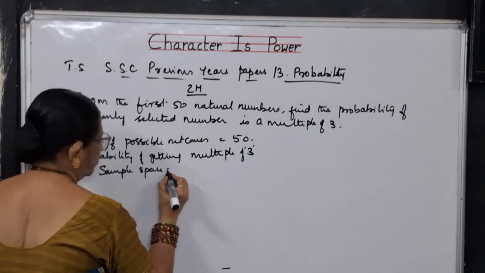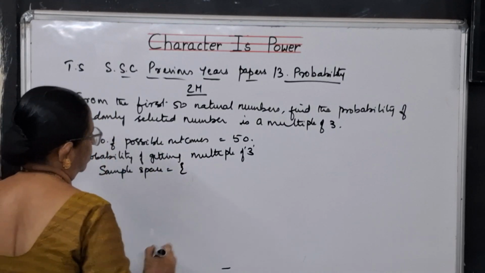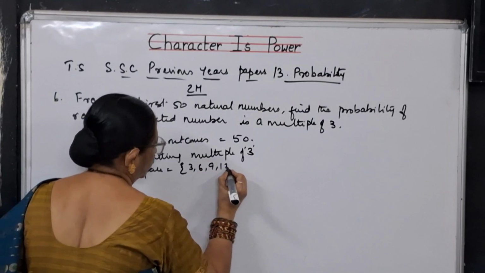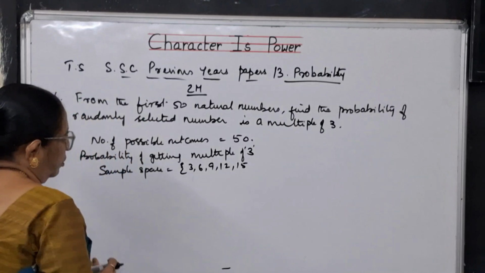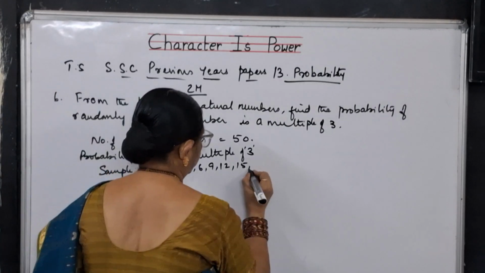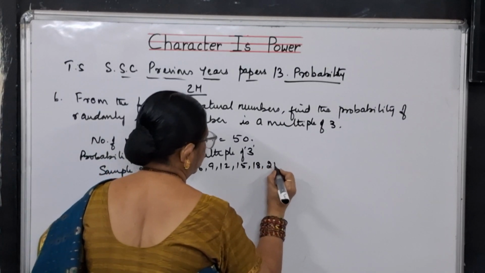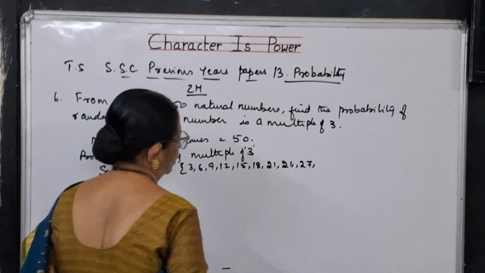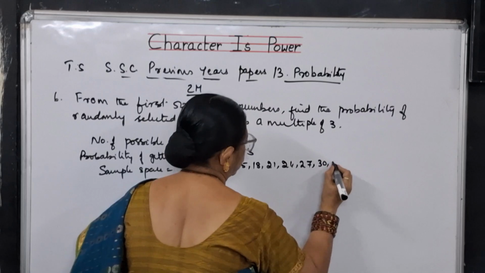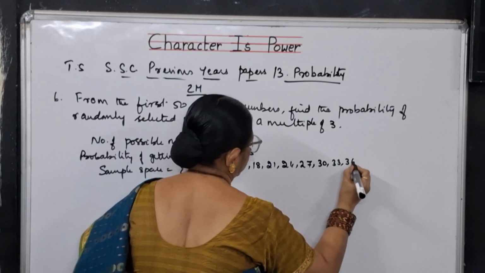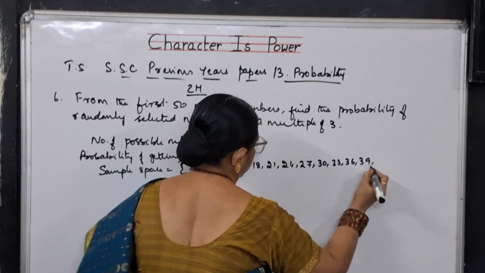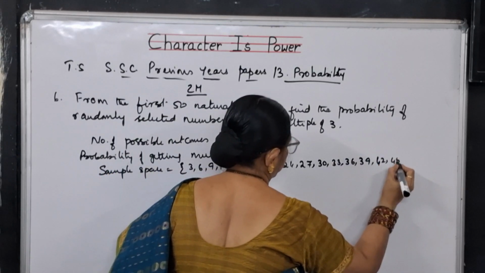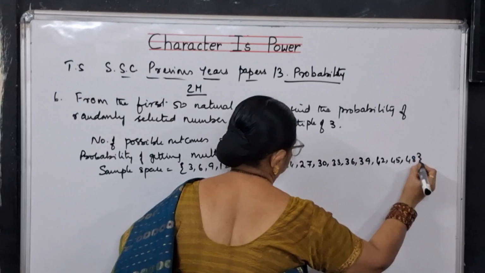What is the sample space? 3 ones are, 3 twos are, 3 threes are, 3 fours are, 3 fives are. So keep on adding 3. You know that 18, 21, 24, 27, 30, 33, 36, 39, 42, 45, 48.